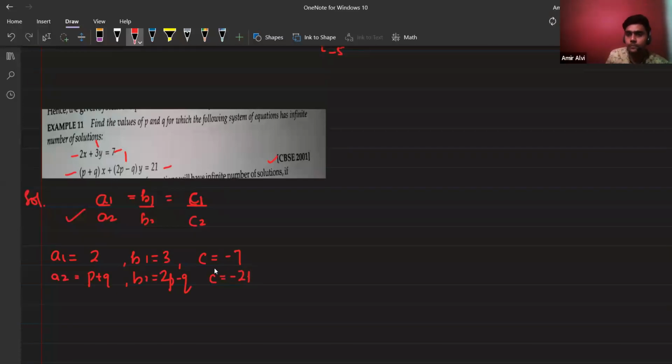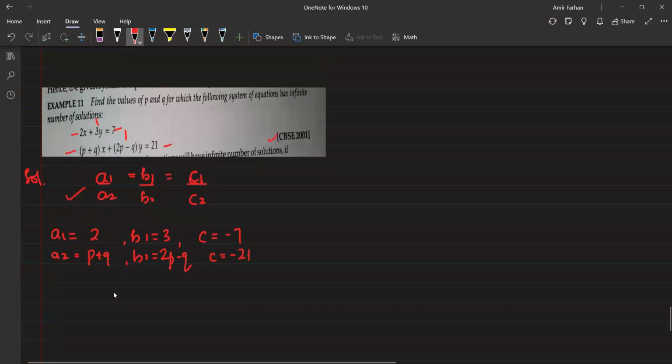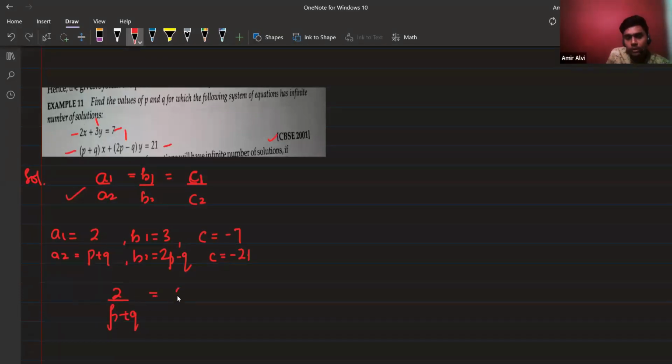Any doubt? No, sir. Put the values: 2 by P plus Q equals 3 by 2P minus Q equals minus 7 upon minus 21. The minus will cancel out. So we have 2 by P plus Q equals 3 by 2P minus Q equals 7 by 21.